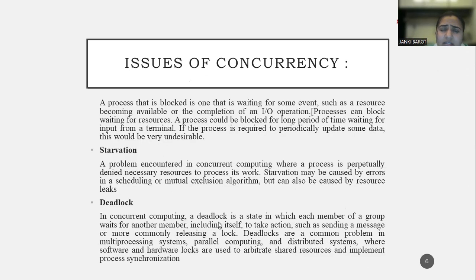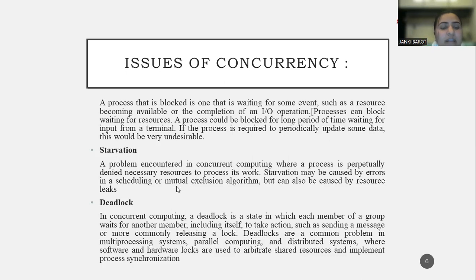Blocking. Blocking means you need to block another event until the previous one is completed. So what is blocking? You need to wait for the event or the resource which you want to access. Now, starvation. Starvation means it should not happen that a blocked process will wait forever.